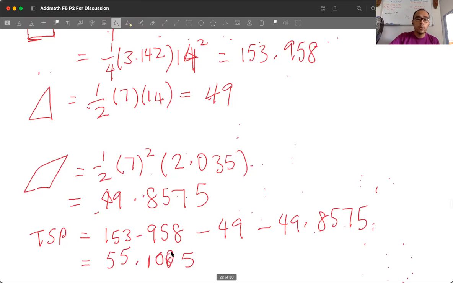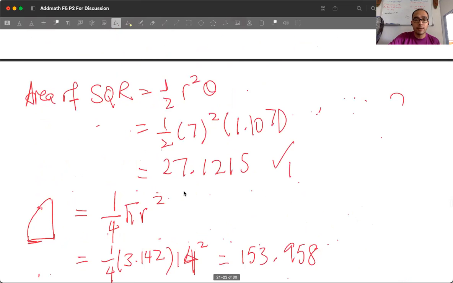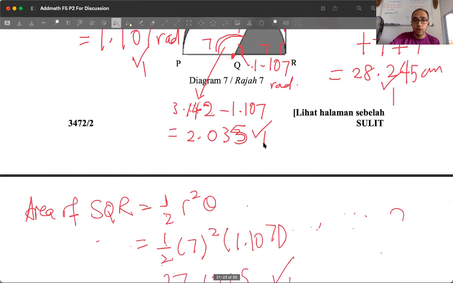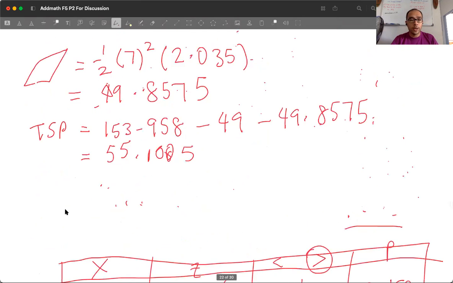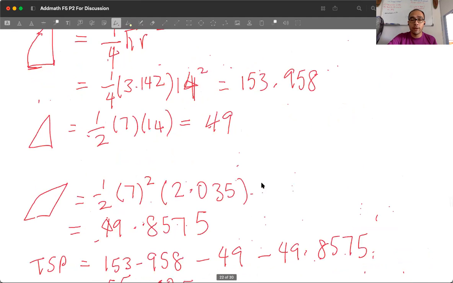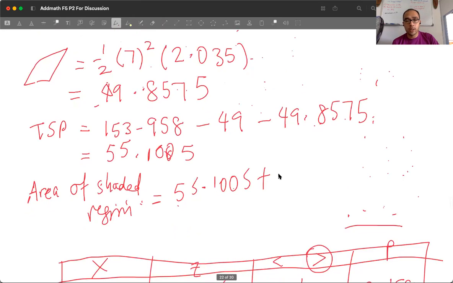So this TSP plus this 27.1215. Ini campur ini. Then you get your final answer. So the area of shaded region is 55.1005 plus 27.1215.